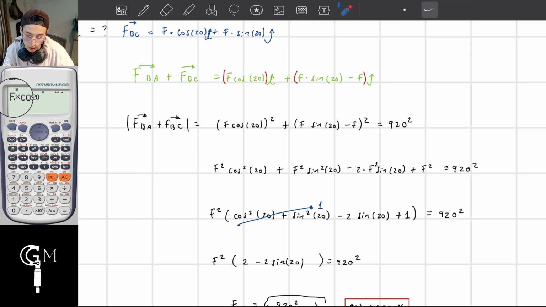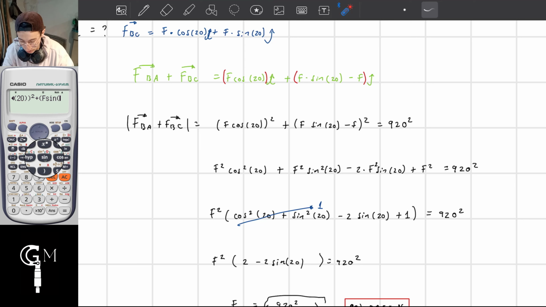Remember that if you don't have the same letter, you can change it to, for example, X, and basically your F is X on the calculator. It doesn't have any problems regarding that.